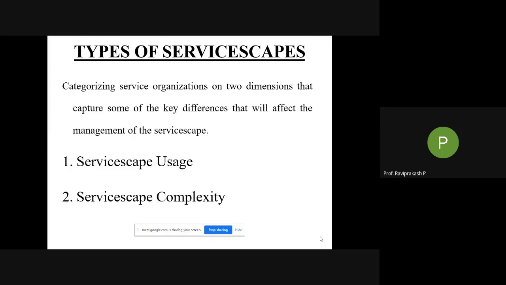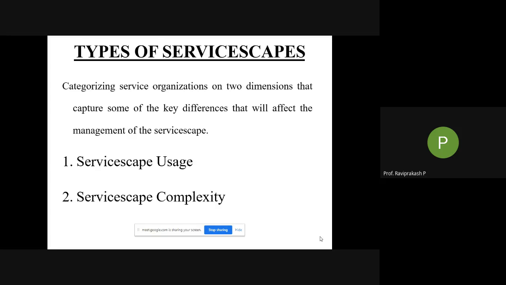Organizations differ in terms of whom the servicescape will affect, that is, who actually comes into the service facility, and thus the potential influence by its design: customers or the employees, or both. Is it both the customers as well as the employees who are coming into that servicescape, using the physical things to provide the service, or is it just the customers, or just the employees?